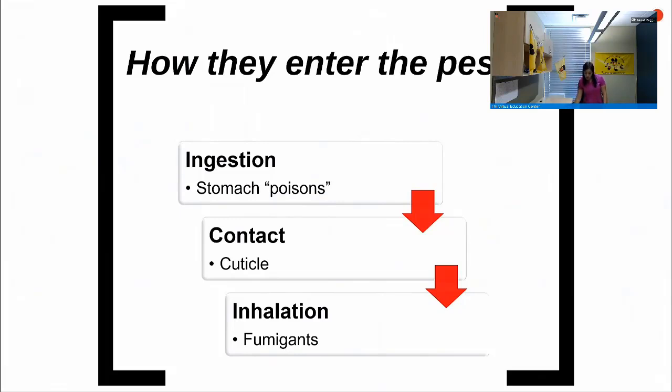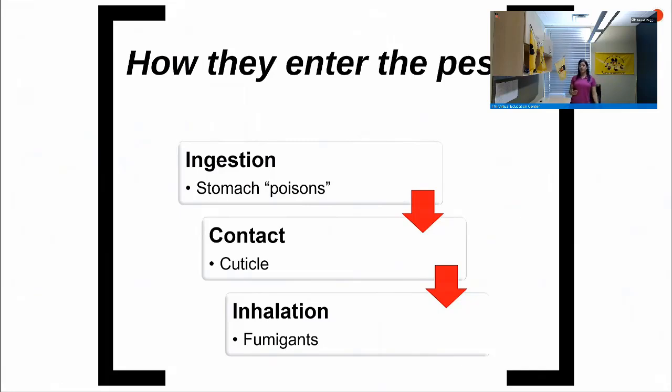Contact. So there are pesticides that will act by contact through their cuticle, so their exoskeleton. The majority of pesticides that we spray will be contact pesticides. So the pest will have to stay on top of that surface that was treated to absorb the pesticide. So by contact, the pesticide will enter.